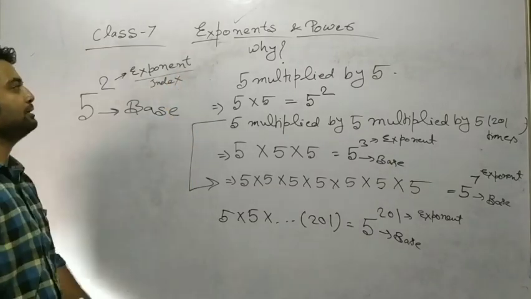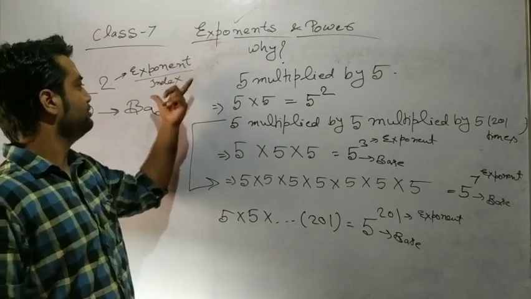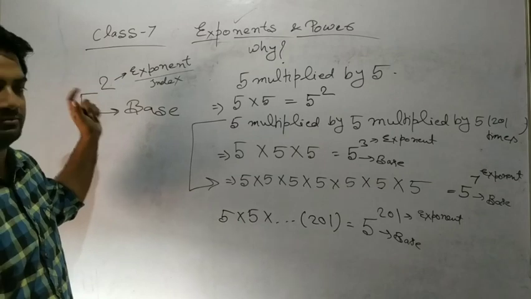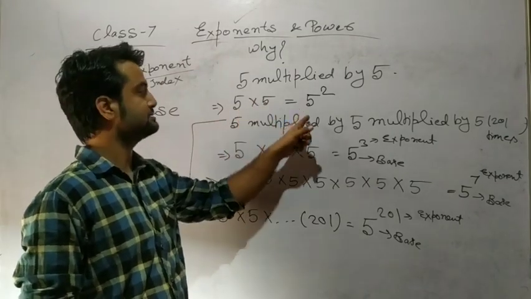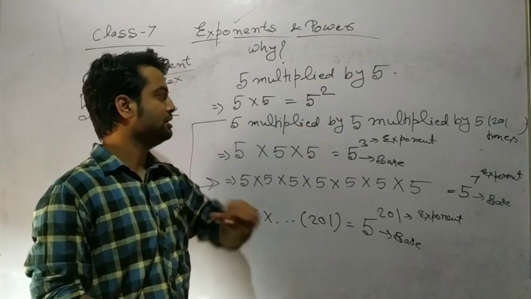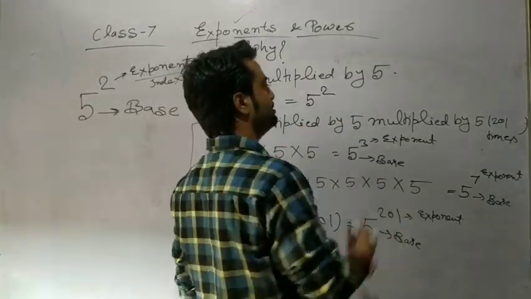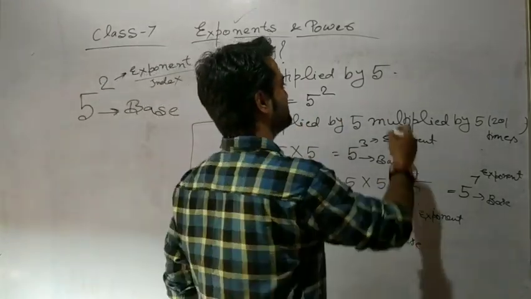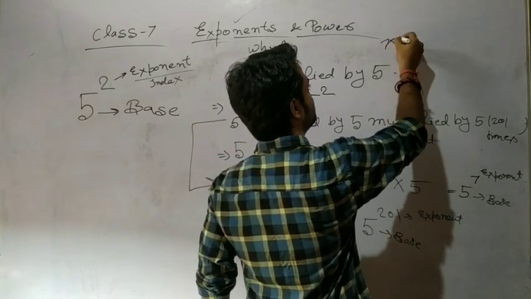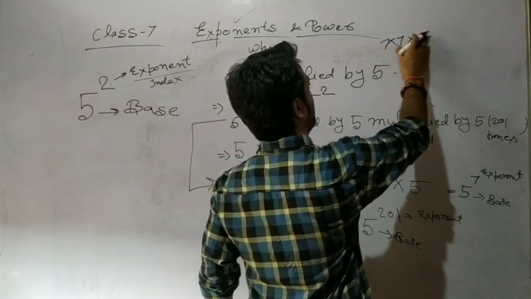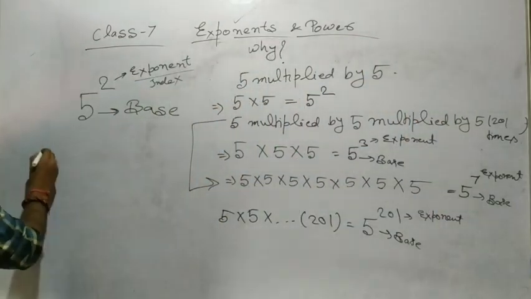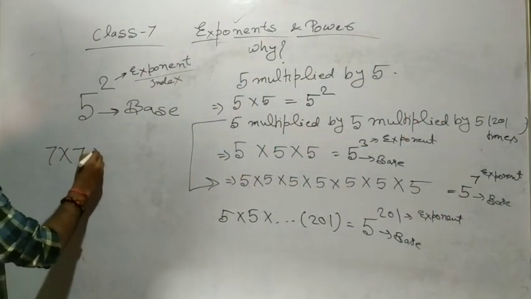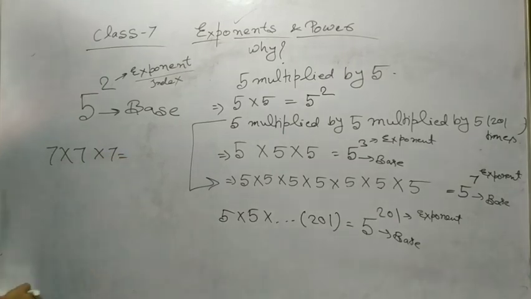Okay. Now you have understood what the exponent is. It is actually the number of times a number is multiplied, and it is written in the form of a superscript. Just have a look at another example. If 7 is multiplied with itself 3 times, how will we write it?